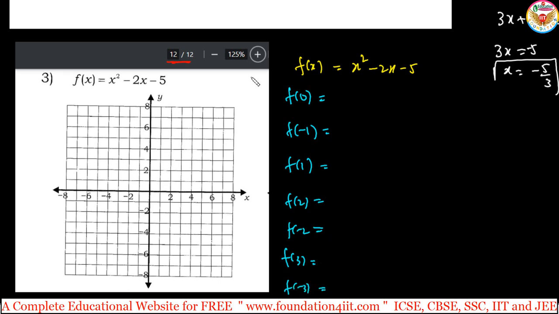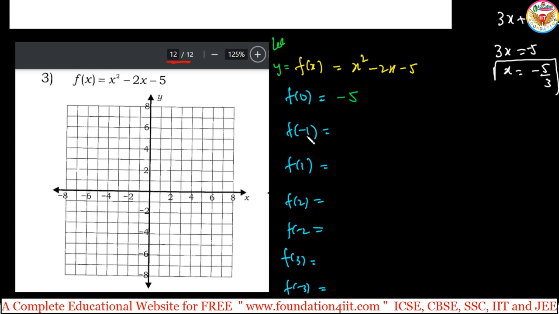You can substitute and simplify first. Let y = f(x). When x is 0, 0² - 2 into 0 is 0, so we get only -5.